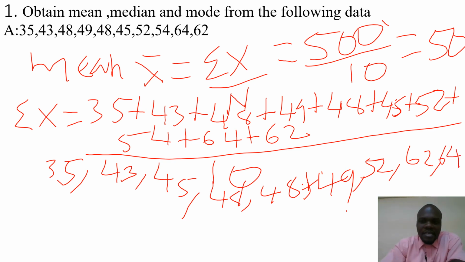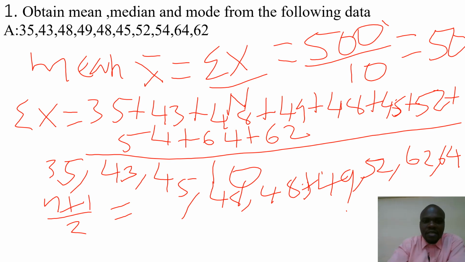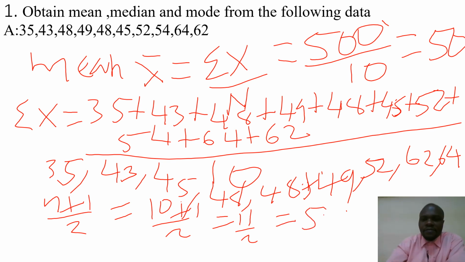For me to get the number at the median, the median position is given by n plus 1 divided by 2, which is 10 plus 1 divided by 2, which is 11 divided by 2, giving me the 5.5th position.